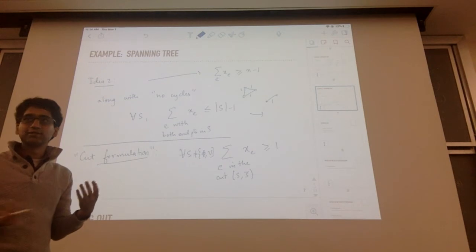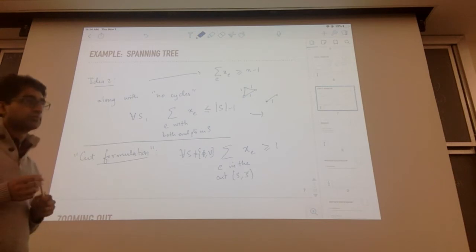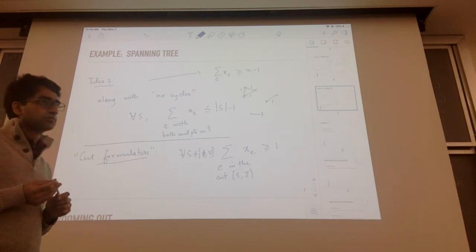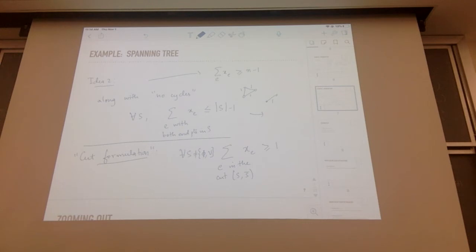By the graph, I mean the graph restricted to edges for which xe equals 1, only the edges that you've picked.